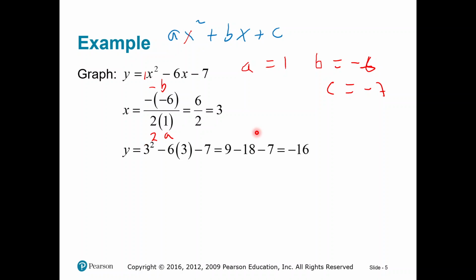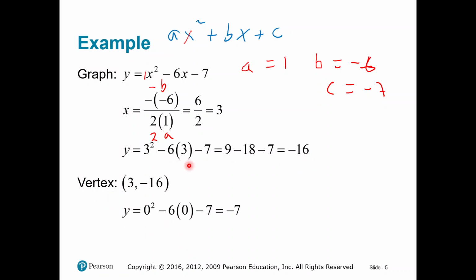Now let's use x equals 3, put that into the equation and solve for y. And so x squared is now 3 squared, which is 9. Negative 6 times x, which is now negative 6 times 3, which is negative 18. And so 9 minus 18 minus 7 is negative 16.